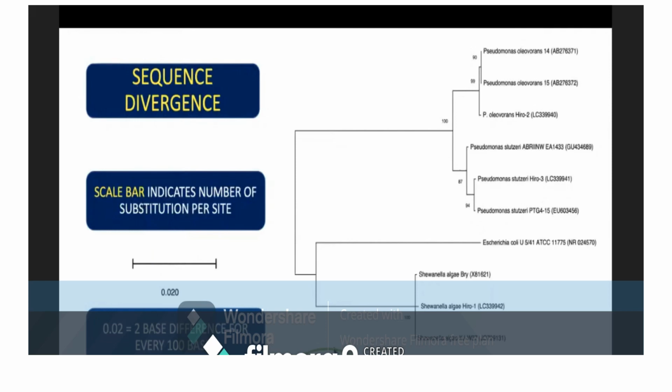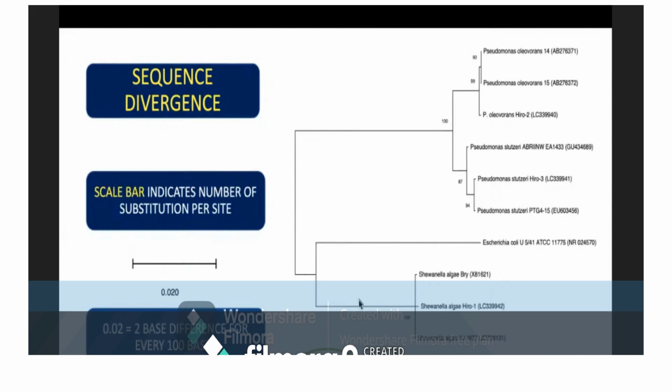Here we are talking about the scale bar that appears at the bottom. The scale bar indicates the number of substitutions per site. This is also called sequence divergence. In our case it is 0.020. So 0.02 means 2 base differences for every 100 bases.